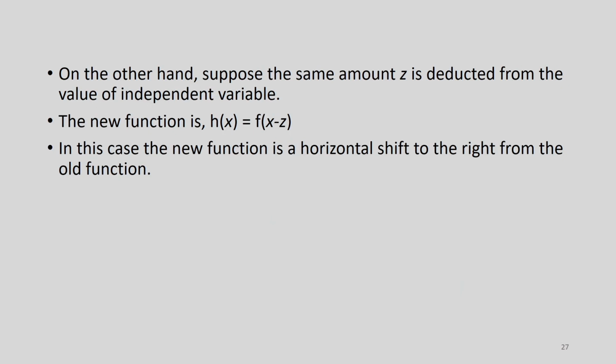On the other hand, suppose the same amount z is deducted from the value of the independent variable. So, the new function here is h x is equal to f of x minus z. So, the value of the argument is changing and it is declining by a constant amount, which is z. Here also the function will shift, but it will be a different kind of shift. So, first you have f x, suppose it is like this, right, and you have h x.